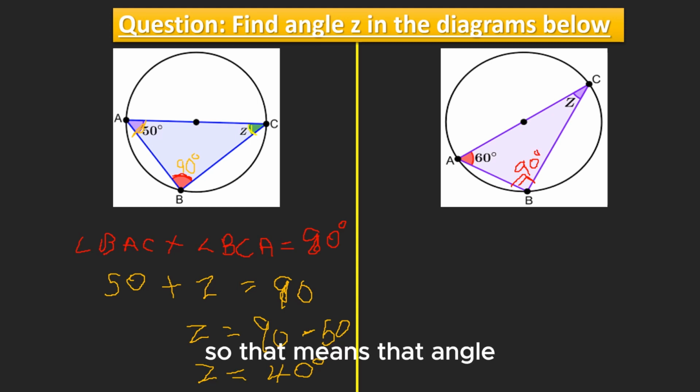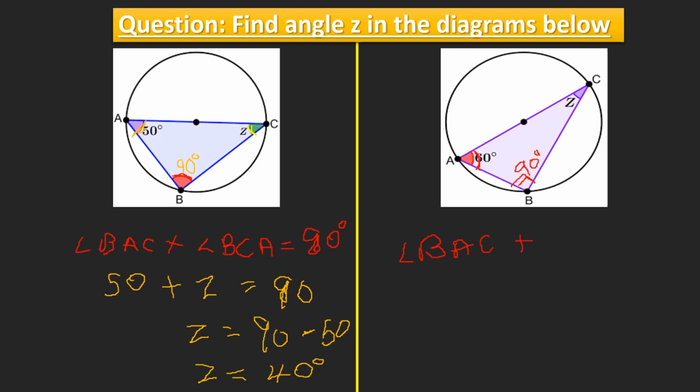So that means that angle BAC, which is this angle, plus angle ACB is equal to 90 degrees.